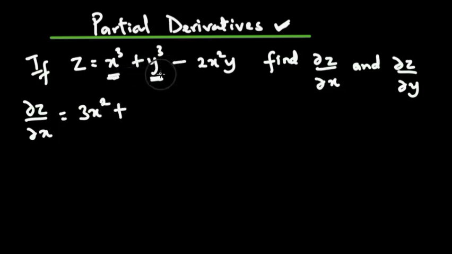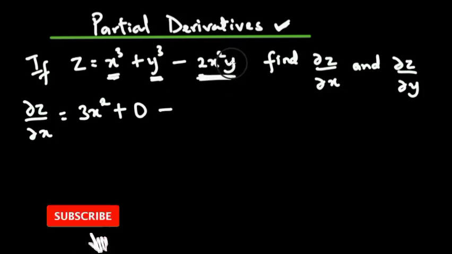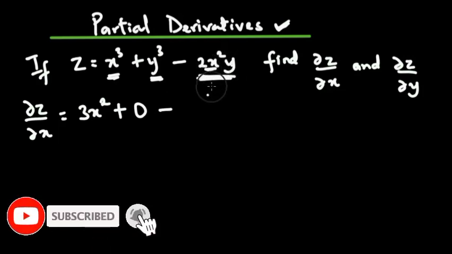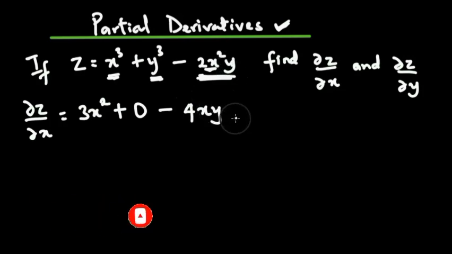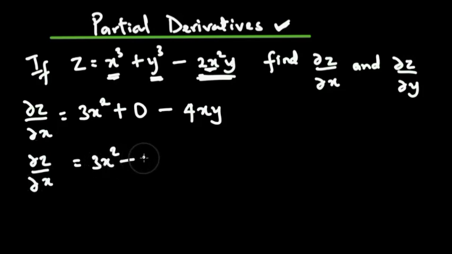Whenever you get confused at any point in partial derivatives, whatever you make the constant, try replacing it with a value and differentiate it. So when I differentiate this, I have 0. Minus, when I differentiate this, I'm keeping y constant. So I differentiate 2x squared, I'm going to have 4x. I'm keeping y constant. So partial z, partial x gives me 3x squared minus 4xy.